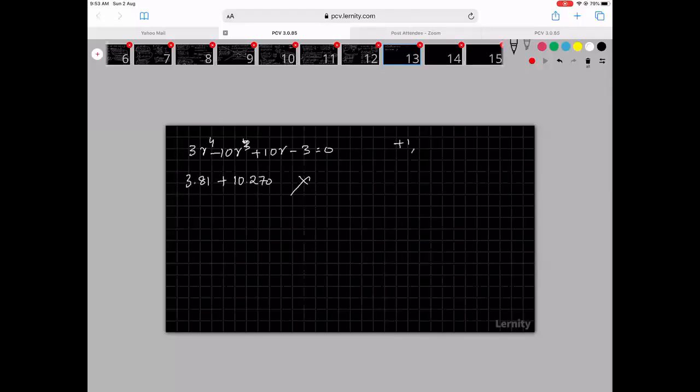So we saw plus 1, minus 1, 3. Now 1 by 3, let me check 1 by 3. So 3 into 1 by 3 to the power 4 minus 10 into 1 by 3 cubed plus 10 by 3 minus 3 is equal to 0. So this is 3 cubed, so 1 by 27 minus 10 by 27 plus 90 by 27 minus 81 by 27.